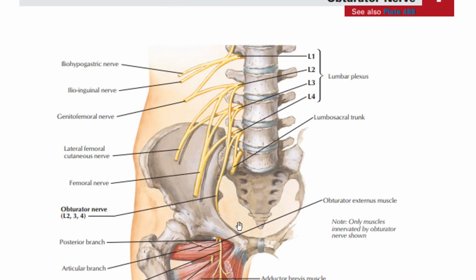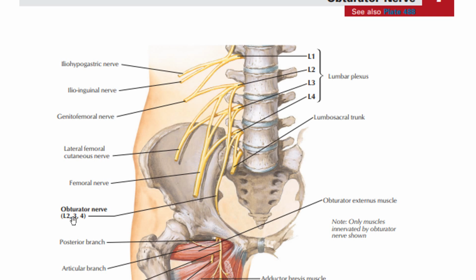This is the obturator nerve. It also arises from the lumbar plexus. Here you can see the lumbar plexus, which is formed by the contribution of the T12, L1, L2, L3, and L4 spinal lumbar nerves. The obturator nerve's root value is L2, L3, and L4.